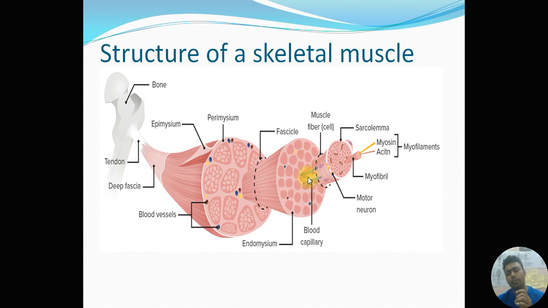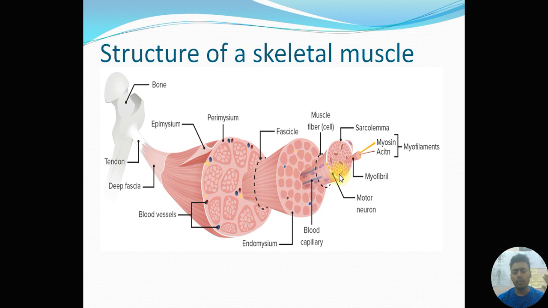One single muscle fiber also has thousands or more of myofibrils, and the outer layer of that muscle fiber is called sarcolemma. This white area you can see. One myofibril has two filaments, actin and myosin, and together they are called myofilaments. So this is the structure of a skeletal muscle.